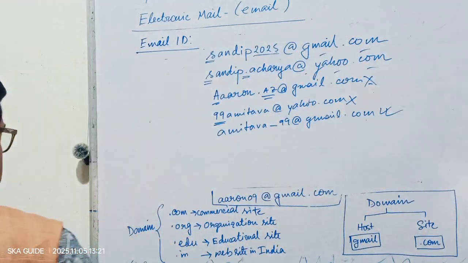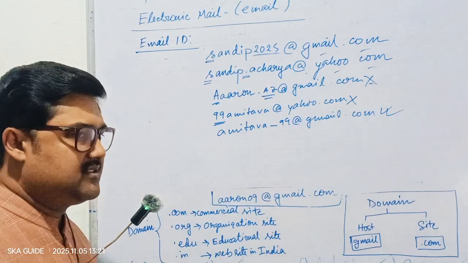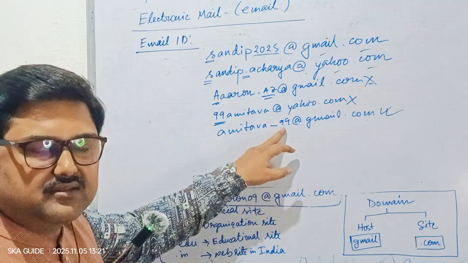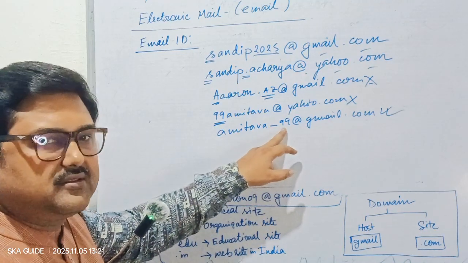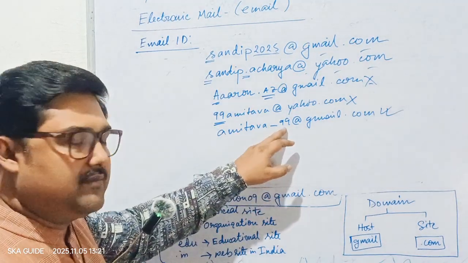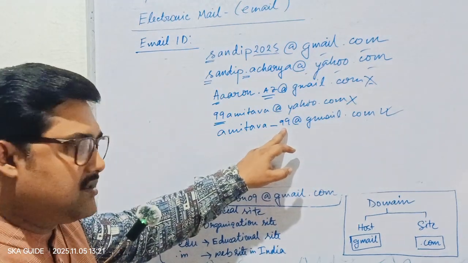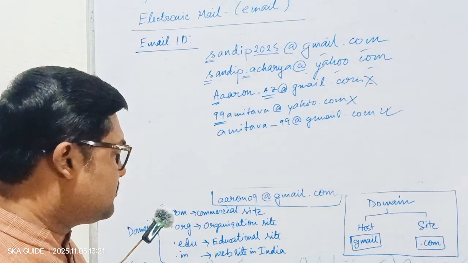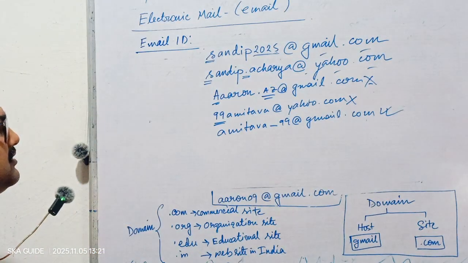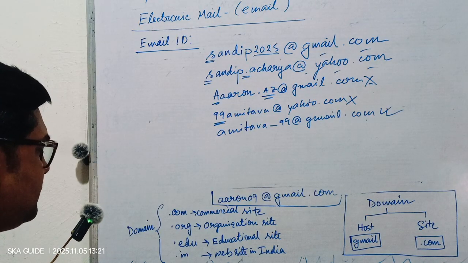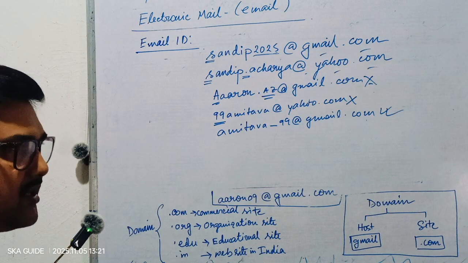Try to avoid adding numbers like your birthday, year, or date. You randomly pick some numbers because there are some security reasons. I will discuss that in some other videos. Okay, so these are the things we can do to make our email ID unique.